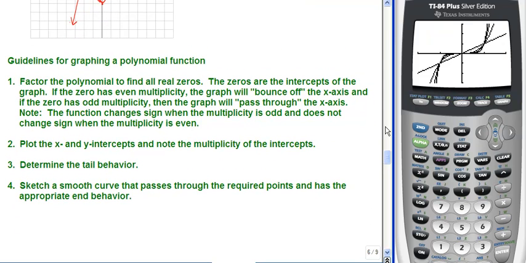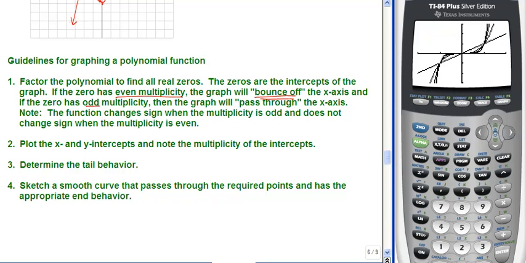So these are the guidelines or the steps that you're going to want to take whenever you're trying to graph a polynomial function. First thing you're going to want to do is factor your polynomial completely to find all of your real zeros. These zeros are going to correspond to your x-intercepts on the graph. Now, based on what I just talked about, if that zero has an even multiplicity, then the graph will bounce off the x-axis.